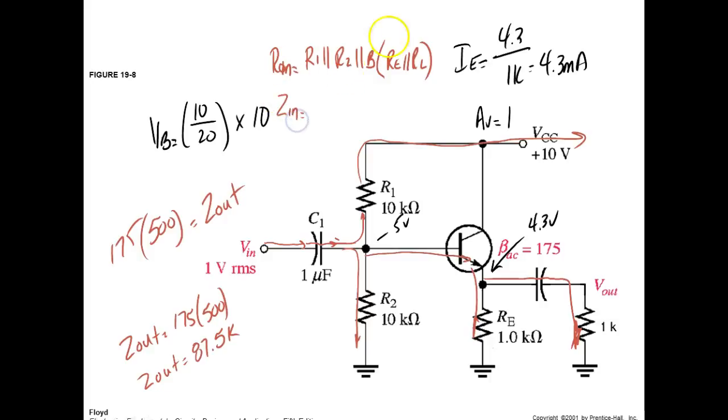So Zn would be equal to, or Zn or Rn. Y'all mind me calling it Zn? Are y'all okay with that? Would be 1 over 10K plus 1 over 10K plus 1 over 87.5K. So we know it's going to be less than 10K. It's going to probably be less than 5K, because I know these two in parallel right here is going to give me 5K. This right here is not going to affect it, so it's going to be real close to 5K. What y'all got?